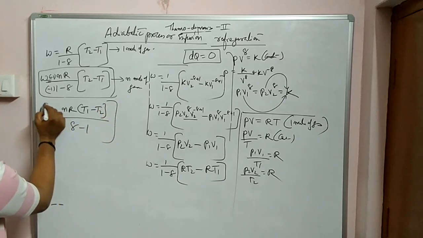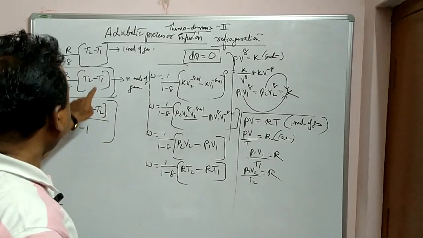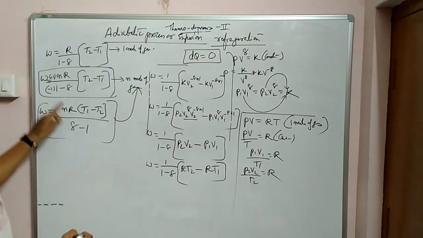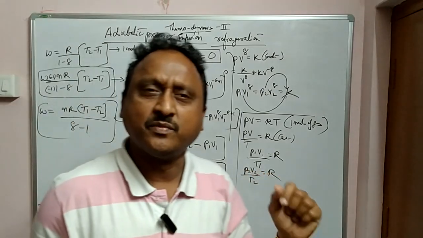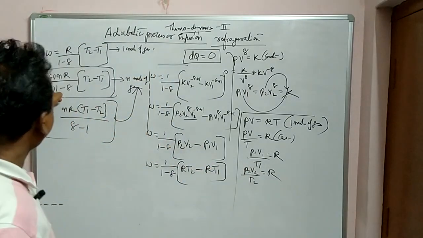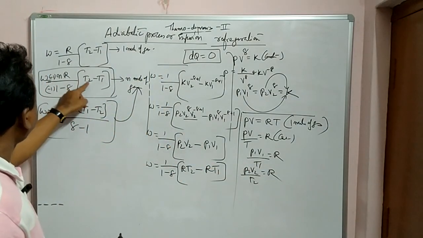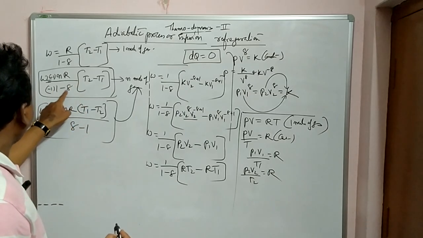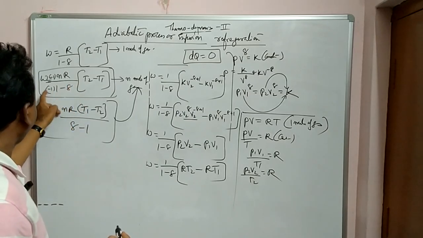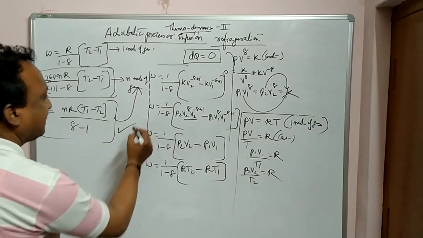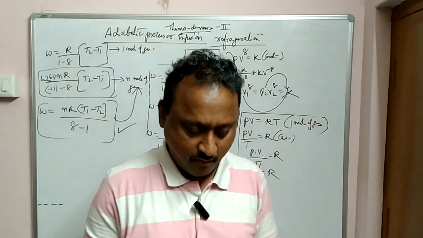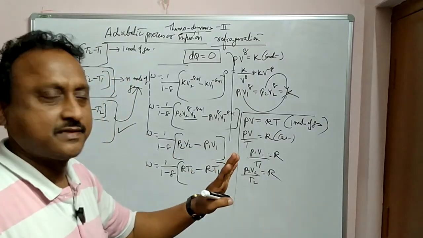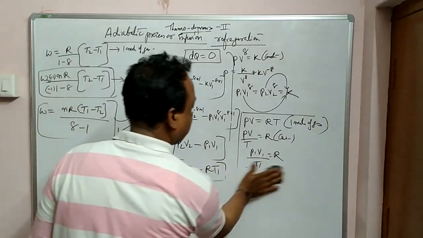So this is also a valid equation. Either you can use this equation or that equation for n moles of gas. This is the derivation, 4 marks, very important in the IP examination. Please practice this derivation at home.